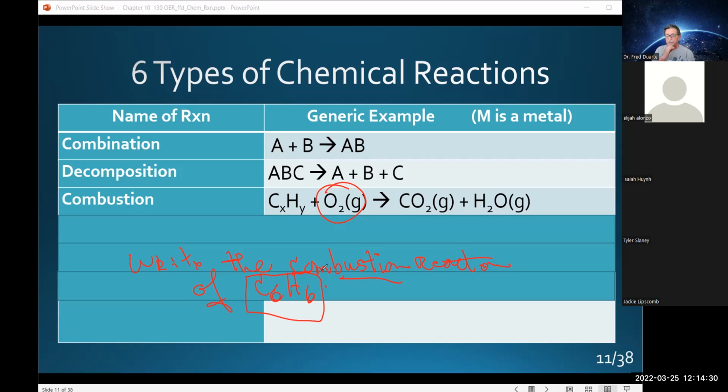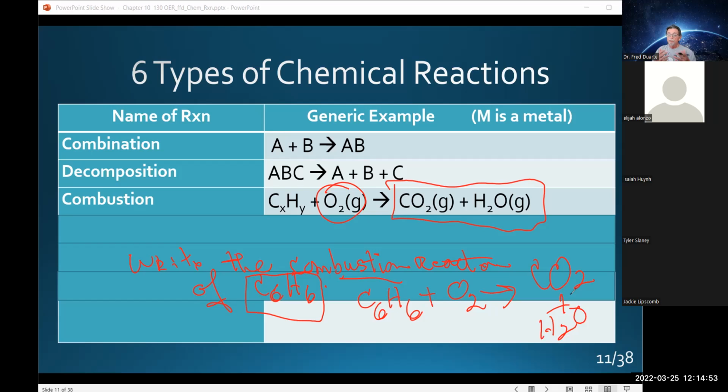So I can start writing the reaction, C6H6 plus oxygen will react to give me the only two products that are generated from the combustion of a hydrocarbon, and that is carbon dioxide and water.